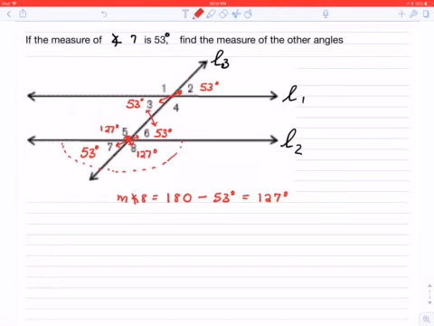Angle 5 and angle 4 are alternate interior angles. So if angle 5 is 127, so is angle 4. And directly opposite that, sharing only a common vertex, would be angle 1. Angle 4 and angle 1 are vertical angles, and vertical angles are equal.